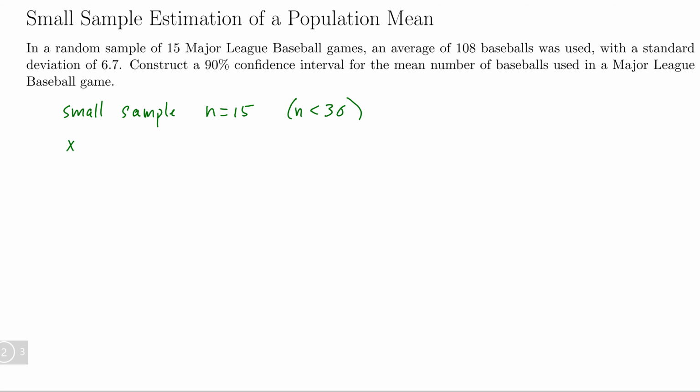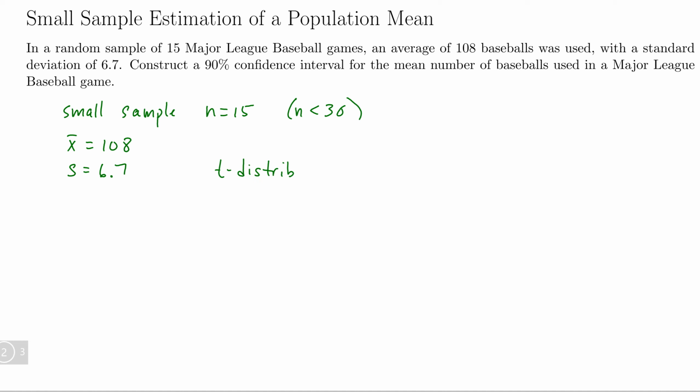In this case, X bar is 108, the average of 108 baseballs used from this sample of 15 games, with a standard deviation of 6.7. Now, it's very important that we recognize that 6.7 is S. Since 6.7 is S and we have a small sample, then this means that we need to use the t distribution.